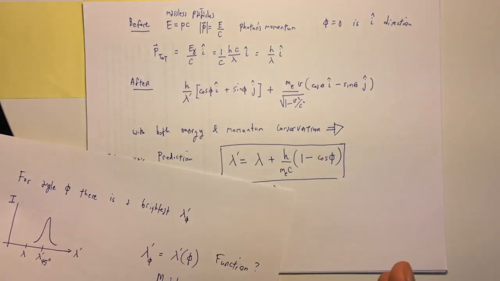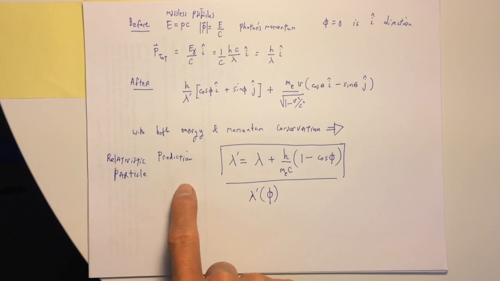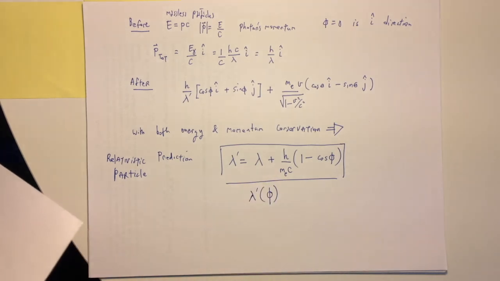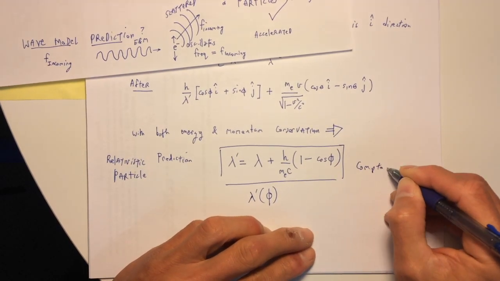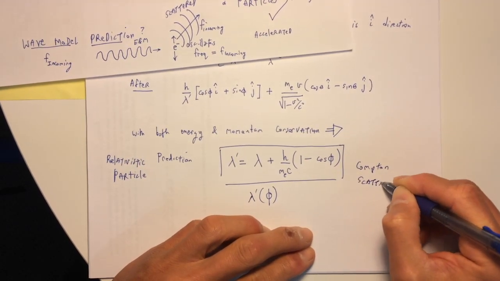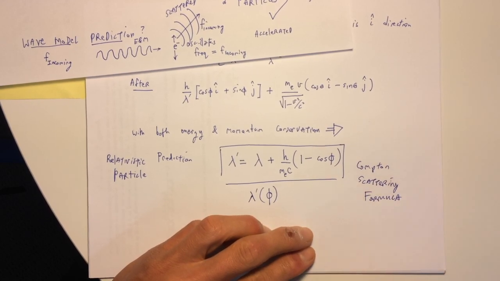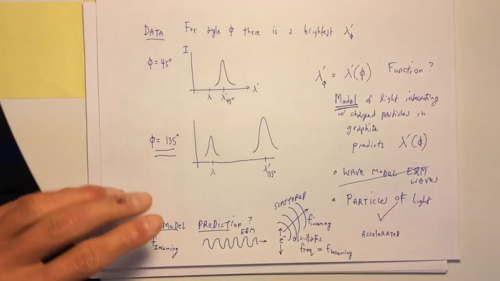The reason that's really cool is this comes from relativistic particle physics and, honestly, energy and momentum conservation. So this is the Compton scattering formula. Yeah, it matches Compton's data.